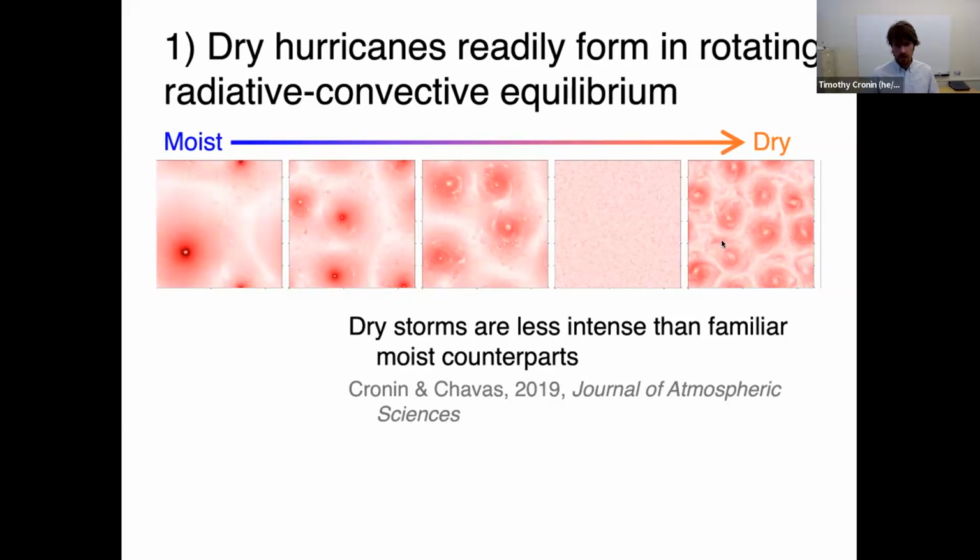These storms, shown on the right, are less intense than their normal moist counterparts shown on the left. They have smaller outer sizes, but they have bigger eyes, or regions of maximum winds, relative to those outer sizes than the moist storms do. This is talked about in a paper by myself and a collaborator, Dan Shavas, a few years ago in the Journal of the Atmospheric Sciences.